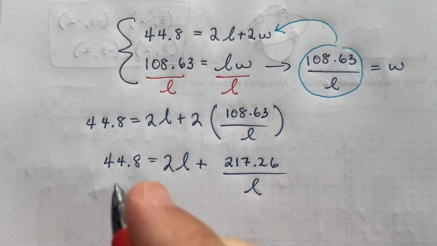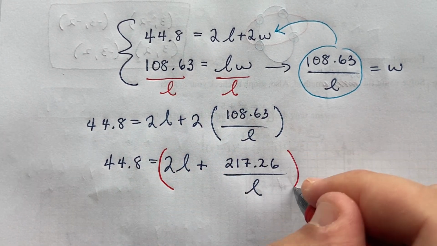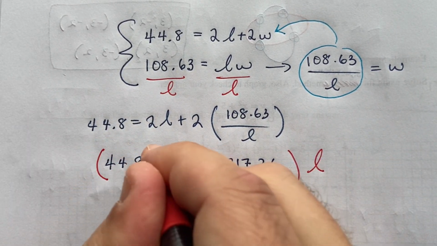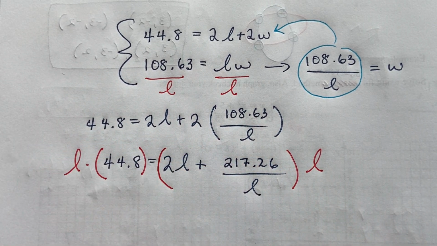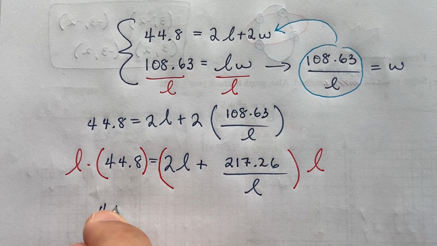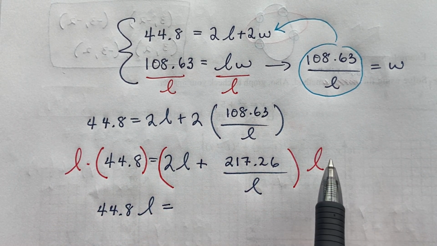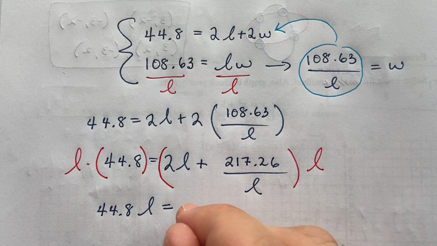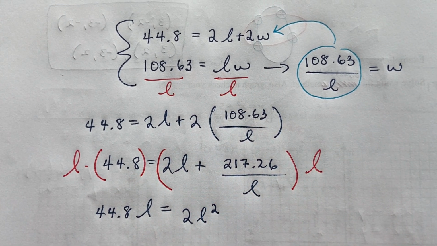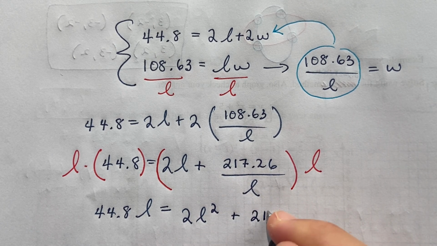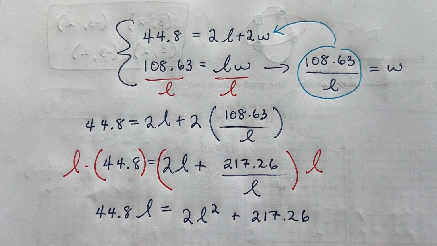I'm going to choose to multiply everything by L to get rid of that fraction. Okay, so 44.8 L equals, and then distributing this L, we have 2L squared, and then these L's cancel. So plus 217.26.